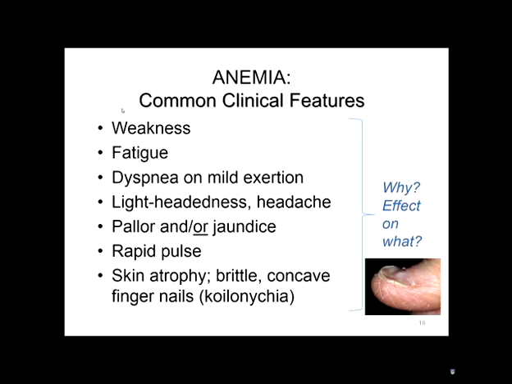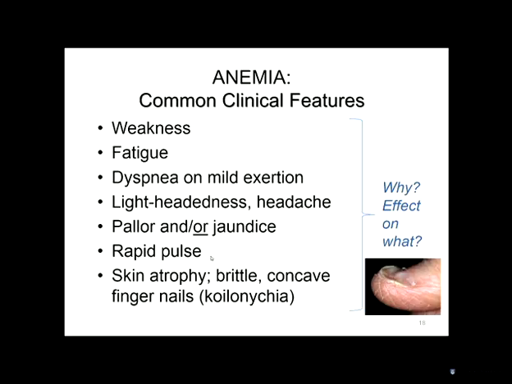So when you think about it, when it comes to weakness, fatigue, where is the main impact? Which organs are suffering? Well, it's going to be the nervous system, it's going to be the muscles. Dyspnea on mild exertion, that's the respiratory system. Lightheadedness, headache, that's the central nervous system. Pallor and jaundice, that's all the tissues that are being perfused that you can examine visually, right?